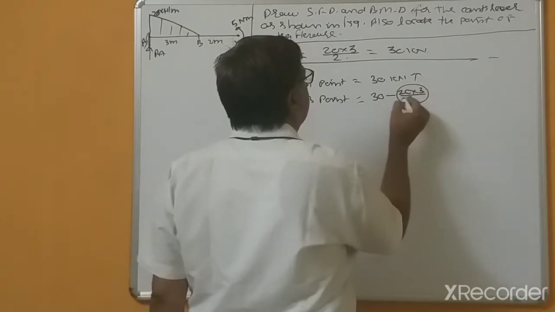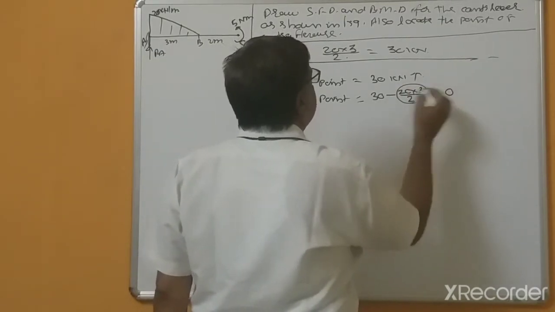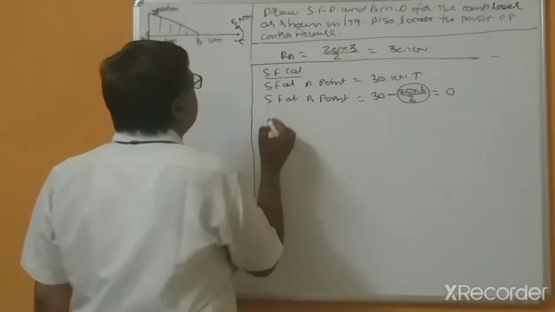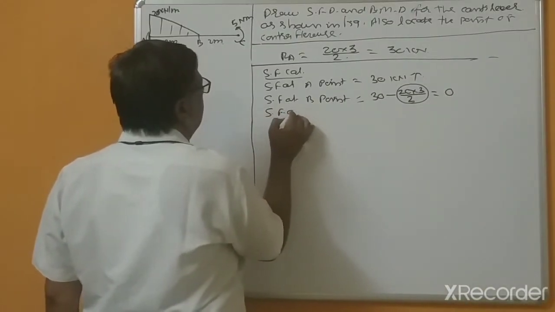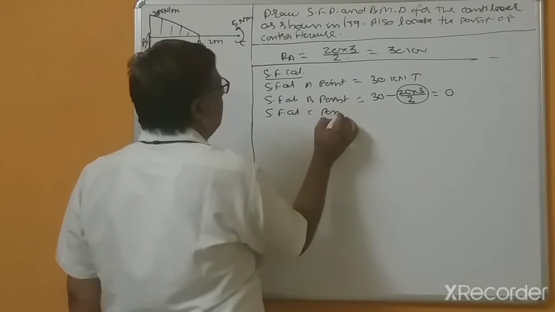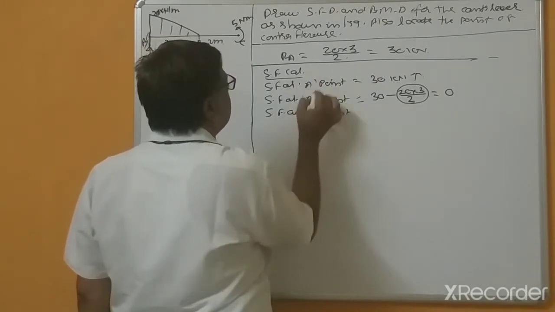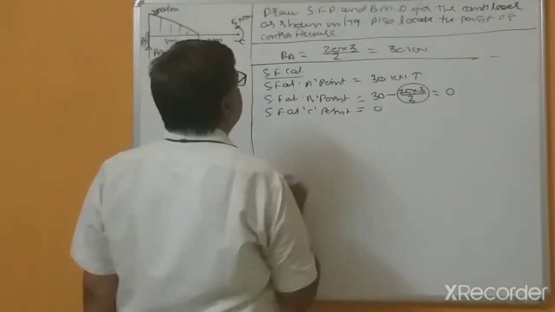That's why 0. And shear force at C point is again equal to 0.